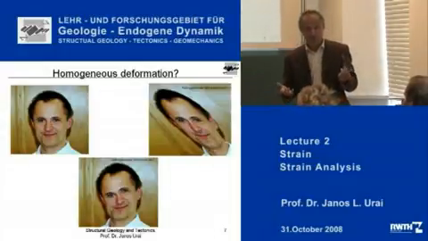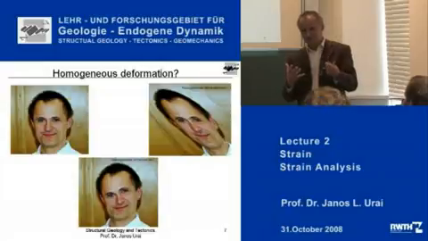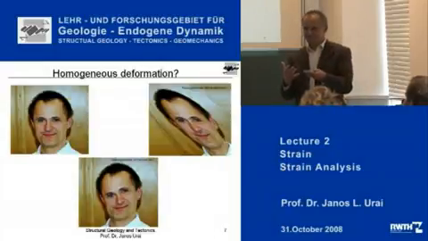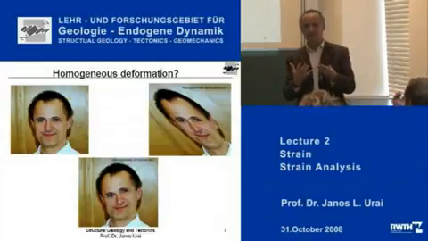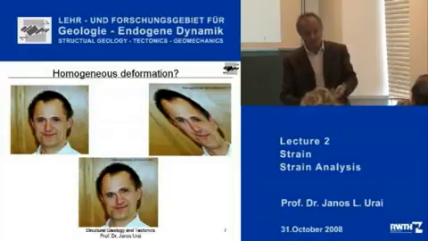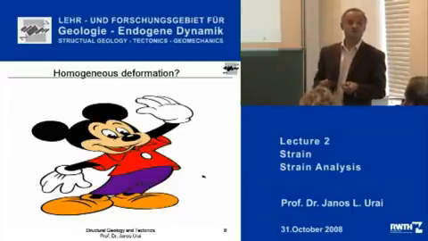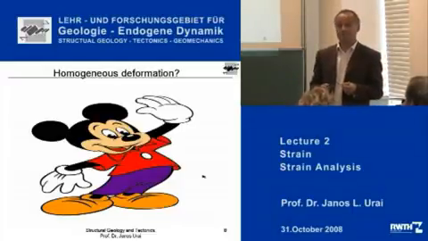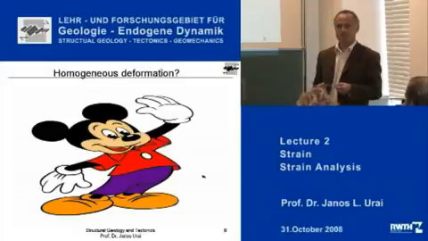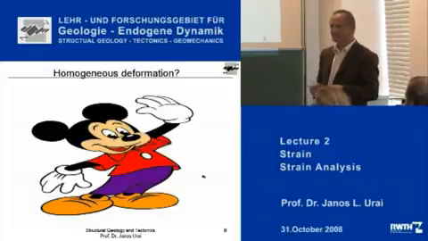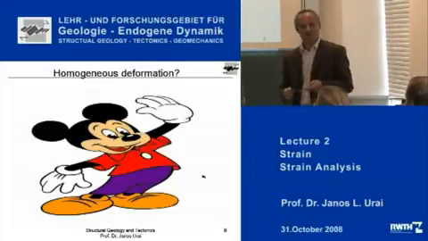What is very important, if you want to understand deformation, is that you have to have some kind of a notion of how the undeformed object looked like. So here is one. Is this a homogeneous deformation? Most of you are nodding.